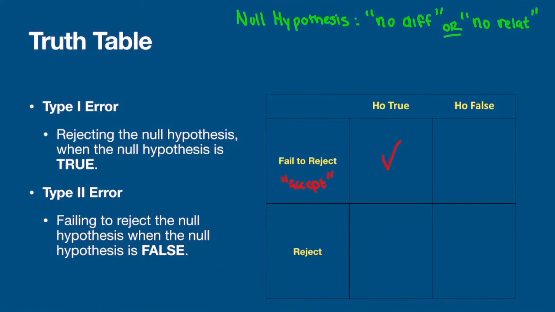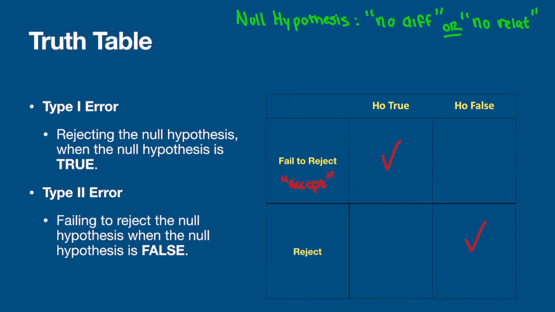And so that's really what we're saying when we talk about fail to reject. We're accepting that it's true. Now, on the flip side of that, if we have a null hypothesis statement that is false, what we should do is reject that statement. Okay, so this lets us know how we handle things. If it's a true statement, we accept it. If it's a false statement, we reject it.